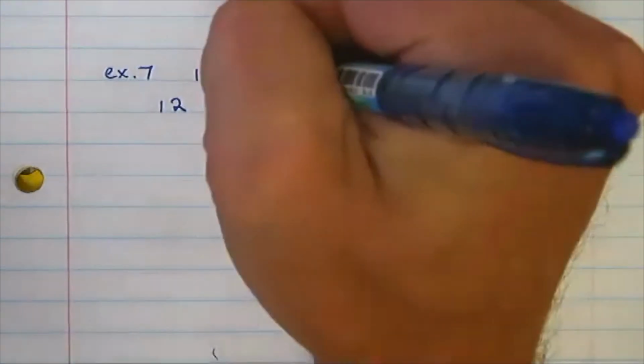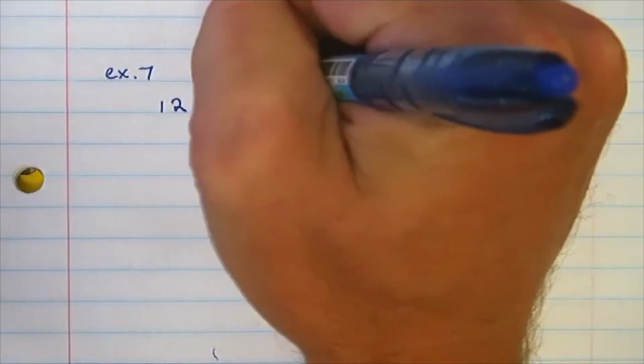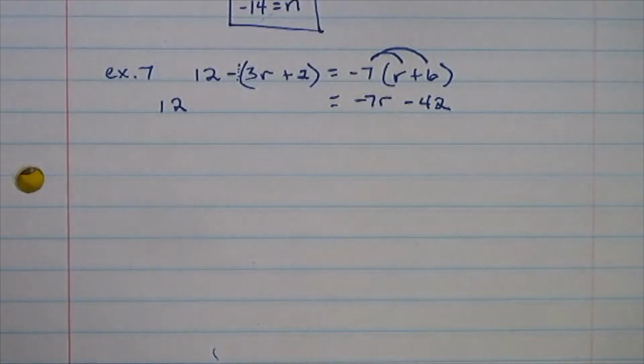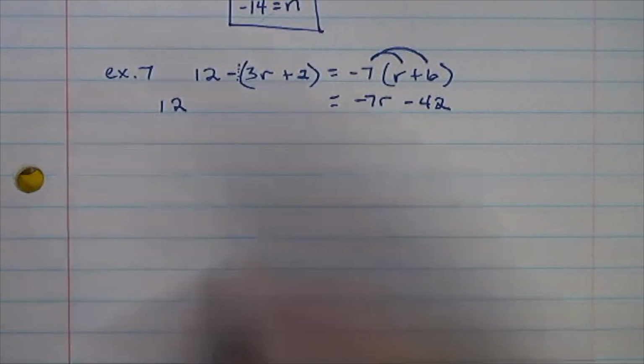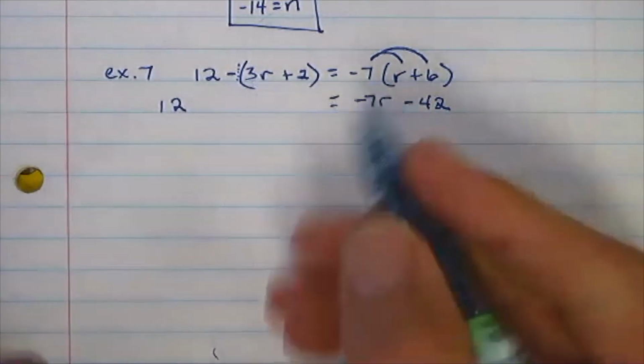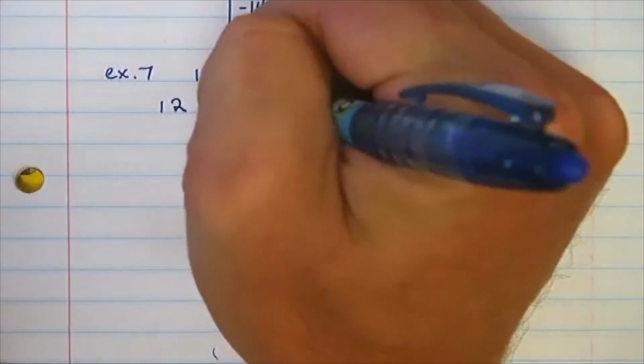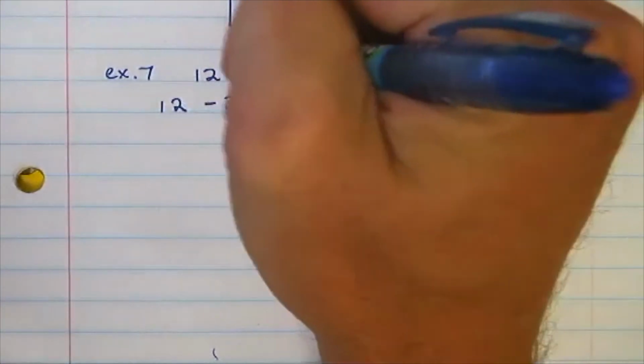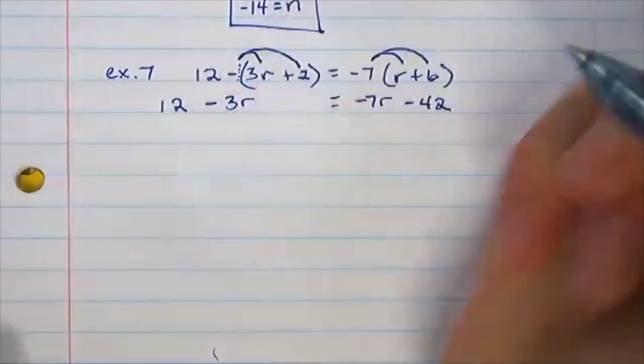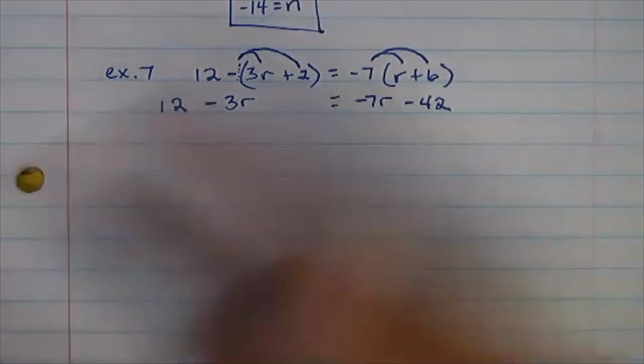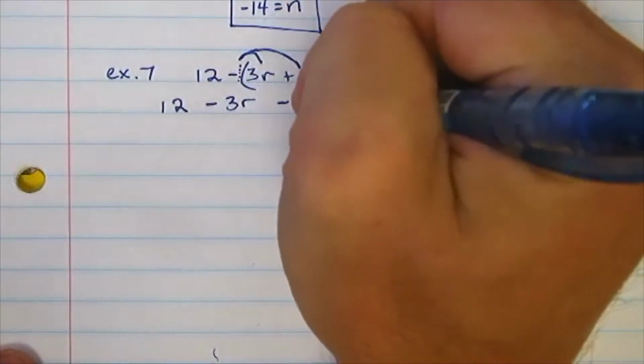And that number is an imaginary 1. There is a 1 right there that we need to account for. So that is negative 1 times positive 3. So we've got negative 3r. That's going to go here and here. Negative 1 times positive 2 is negative 2.